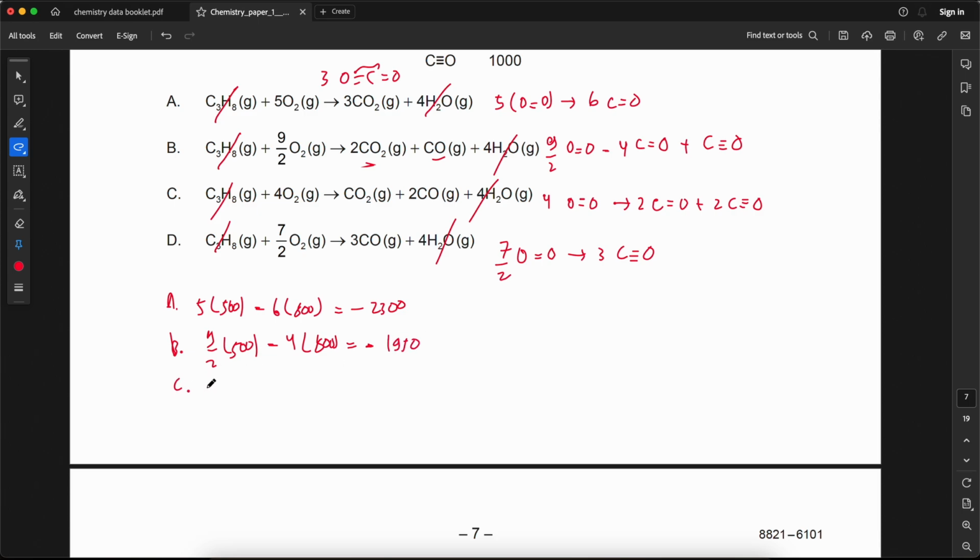And for C, 4 times 500 minus 2 times 800 minus 2 times 1000, which is negative 1600. And for D, 7/2 times 500 minus 3 times 1000, which is negative 1250. So this is the least one.